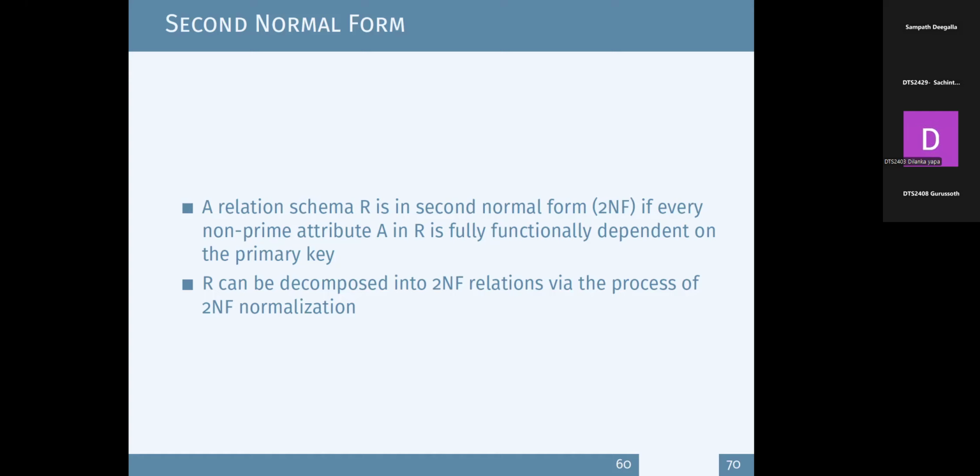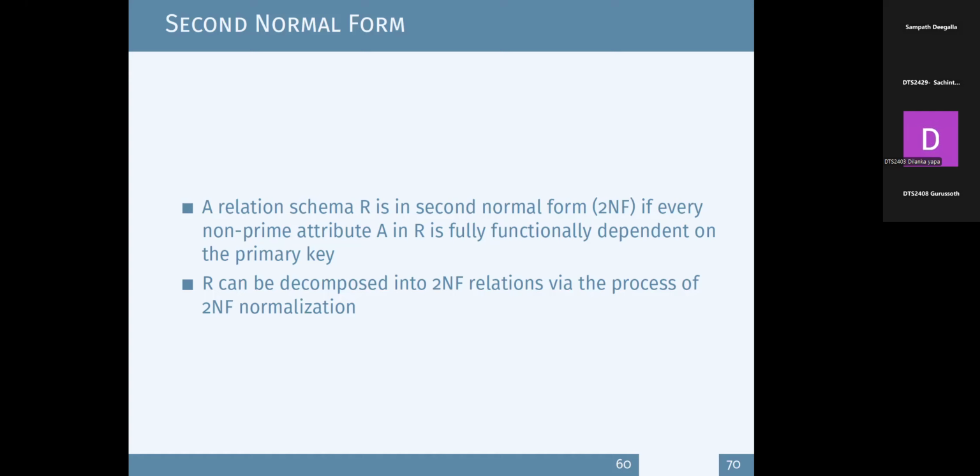Let me give an example. Now think about your identity card number, passport number, driving license number. All are unique ones, right? But when you're creating a relation, you are taking only one of them as a primary key. So then the others are known as prime attributes. So non-prime means any attribute which does not belong to the candidate keys, right?